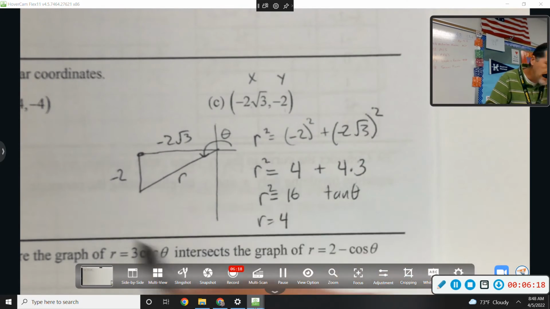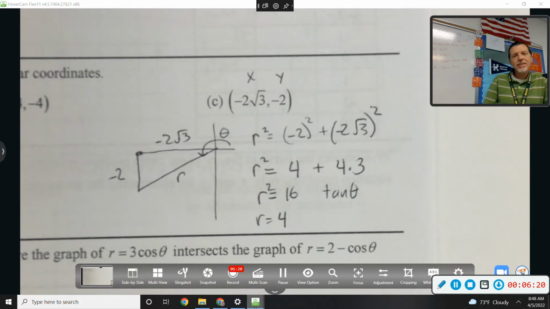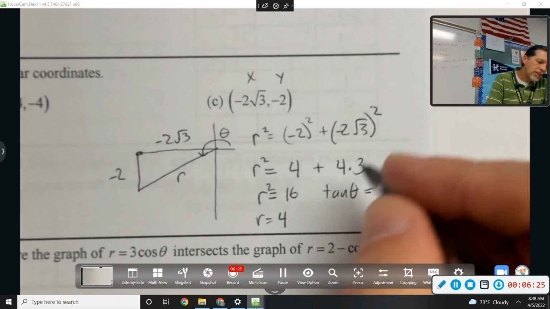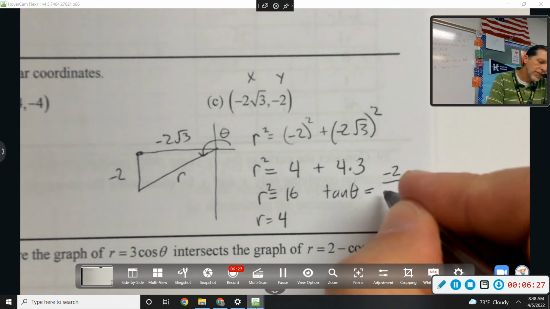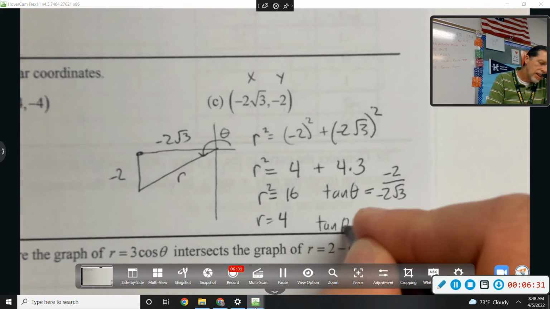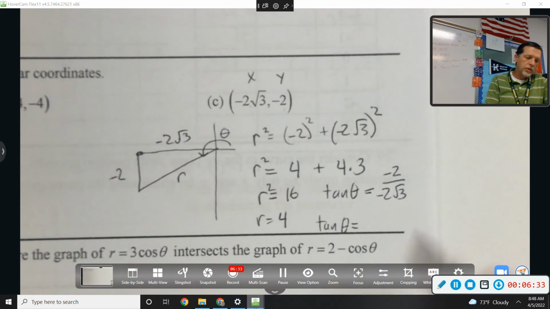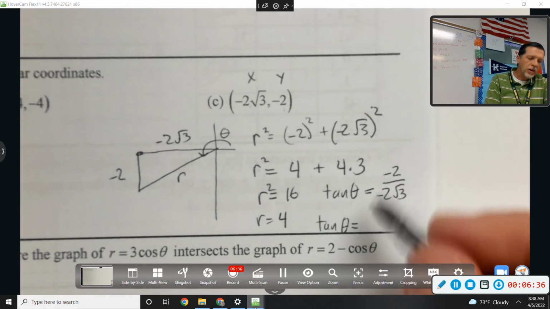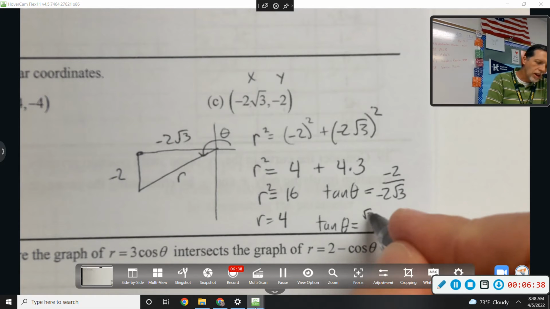And then maybe you can tell by looking what that angle is. I hope some of you can. If not, tangent of theta is y over x. All right, I'm going to reduce the 2's, reduce the negatives. I'm running out of space. Fix the root 3.